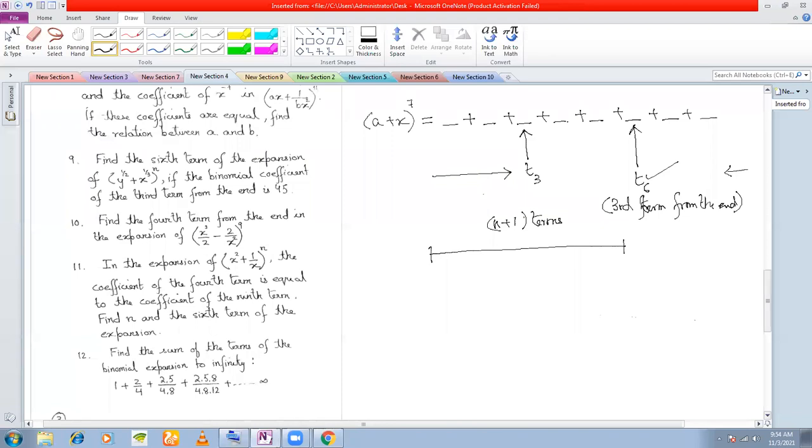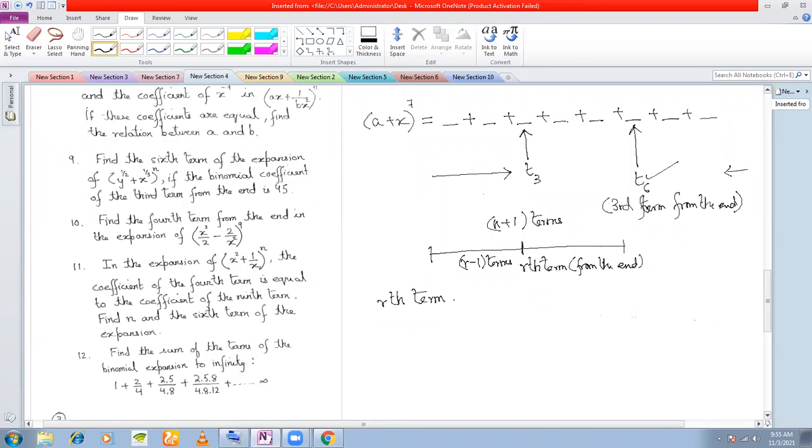If I tell you to locate the rth term, and before the rth term I have r minus 1 terms, right? Let's say rth term from the end.